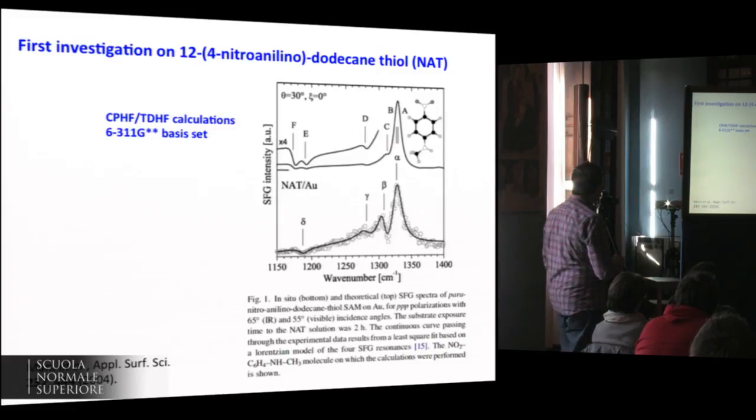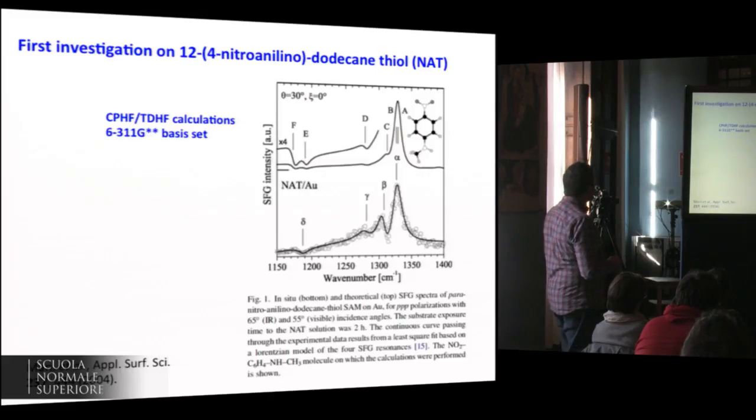In fact, these calculations were done probably around 1999 to 2000, and in this case, this was about the compound 12,4-nitroanilino-dodecane thiol. So this is a kind of paranitroaniline with a long alkyl chain on the amino group.